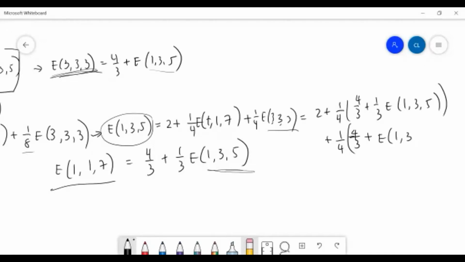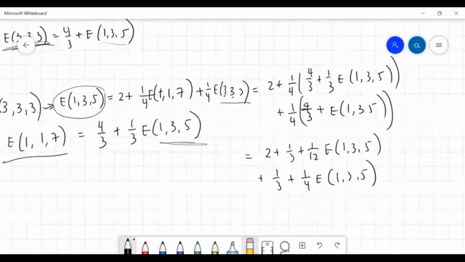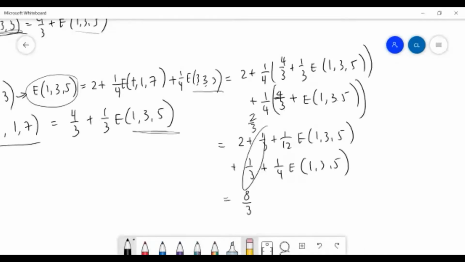And this comes out to be 2 plus 1/3 plus 1/12 E135 plus 1/4 E135. Oh, that's not that nice. So that is 2/3, so 8/3 plus 1/3 E135.